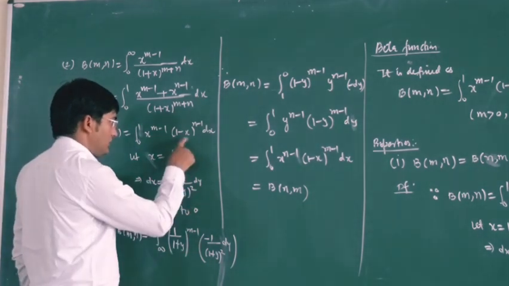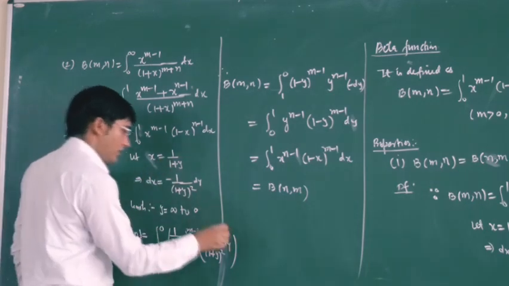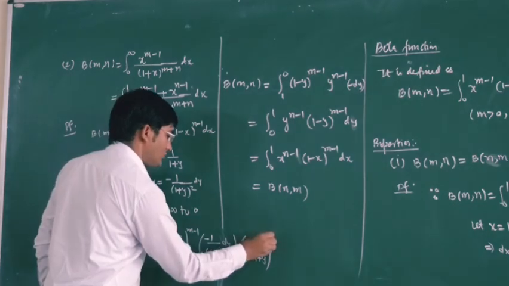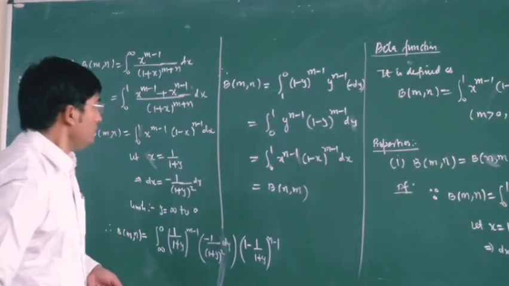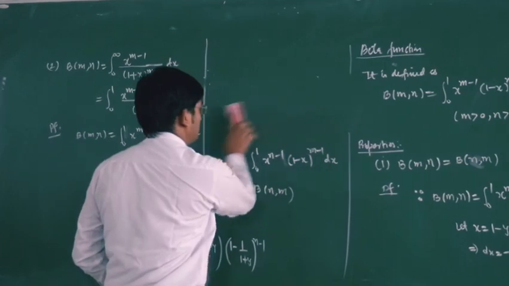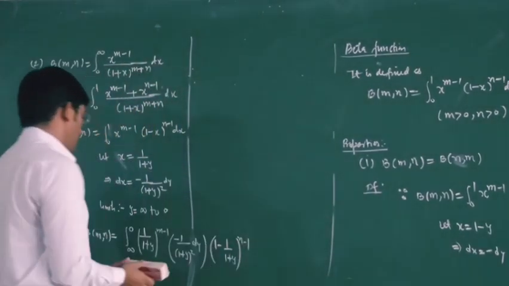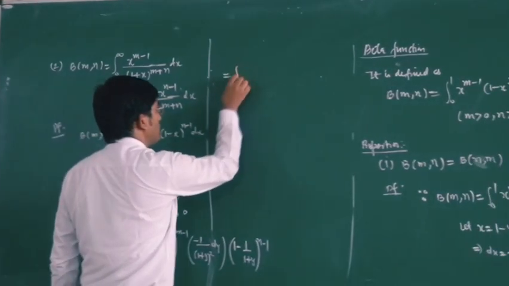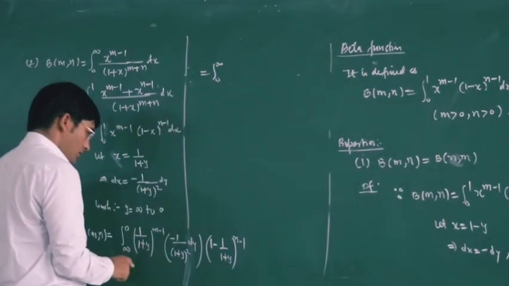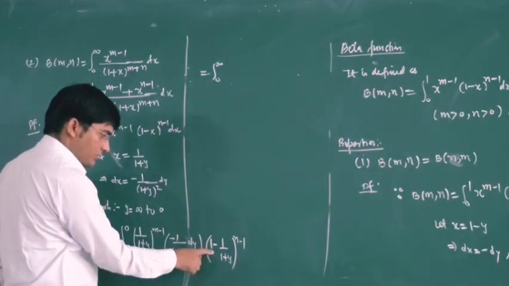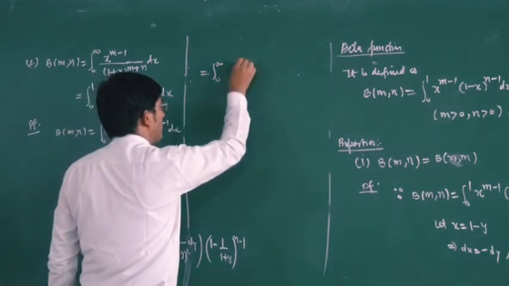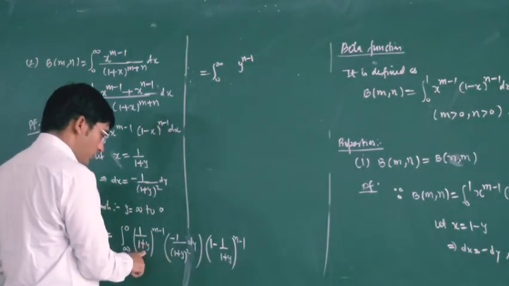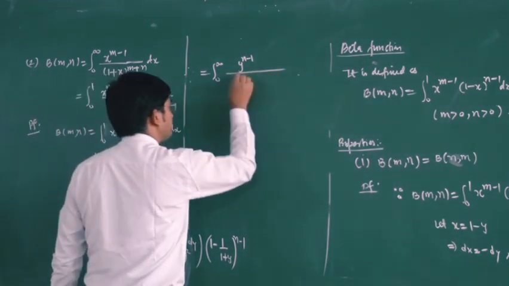This is your dx, and 1 minus x. Now from here 1 minus x will be (1 minus 1 upon 1 plus y) power n minus 1. So this is equal to, now if you want to interchange the limits, then this minus will become plus, so we have 0 to infinity. Now this is 1 plus y minus 1, so we have y power n minus 1. And in the denominator we will have (1 plus y) power m minus 1.